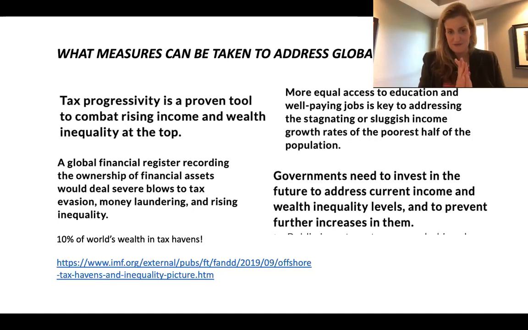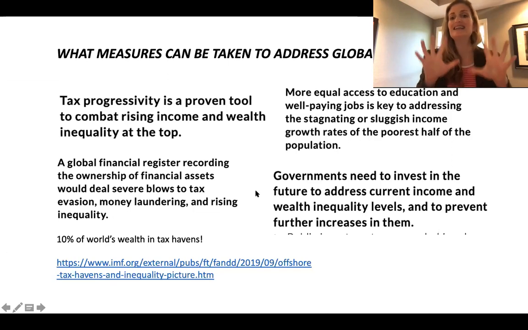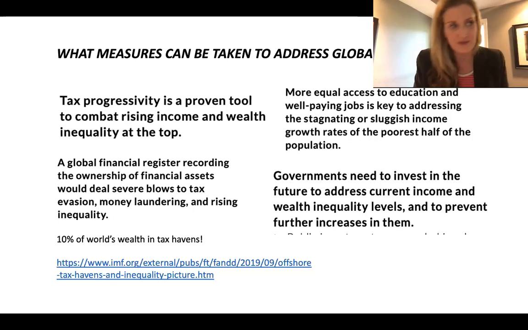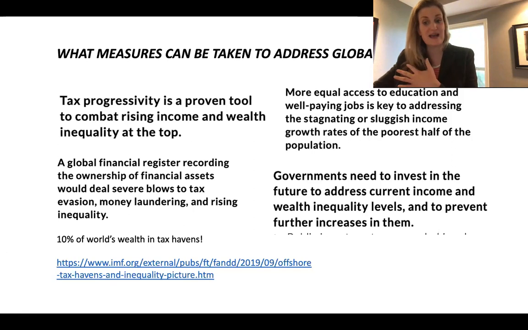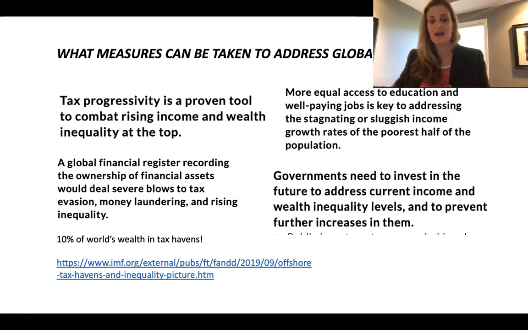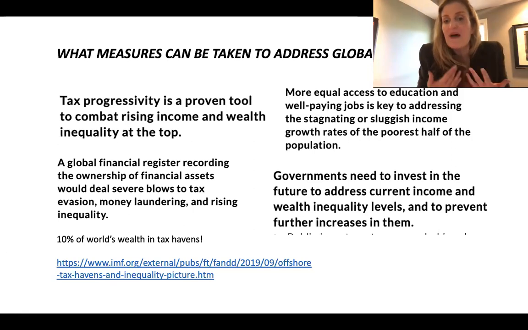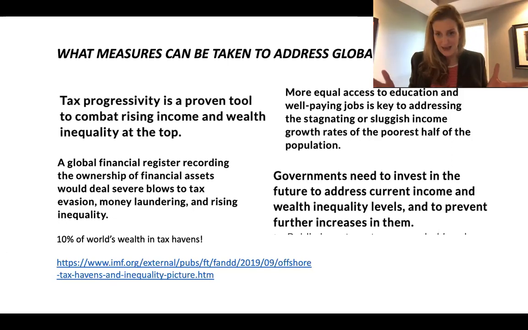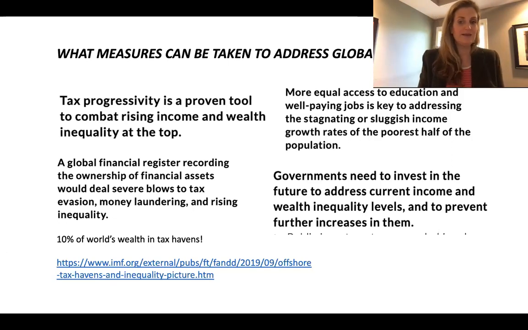The IMF in 2019, here's the link, reports that an entire 10% of the world's wealth is in tax havens, offshore accounts, because those rich people, the 1%, the 0.01%, don't want to pay taxes on all of that money. And so they hide that money in tax havens, offshore accounts. One out of every $10 on the planet is in some sort of tax evasion system.